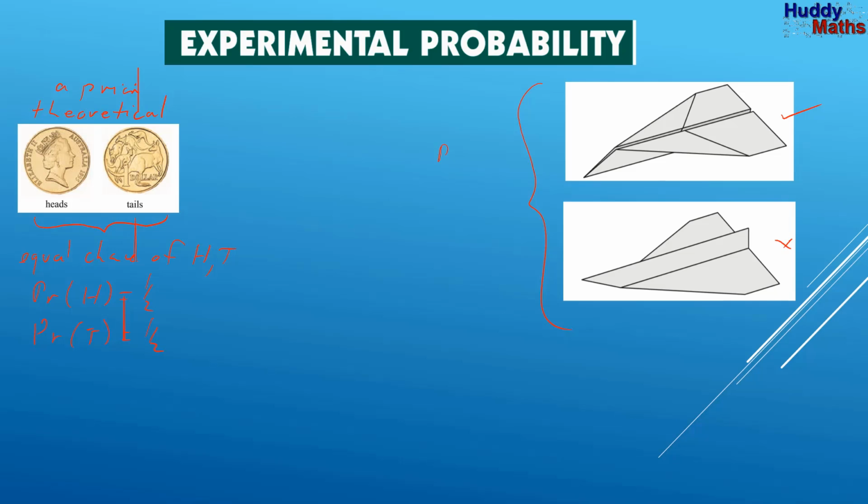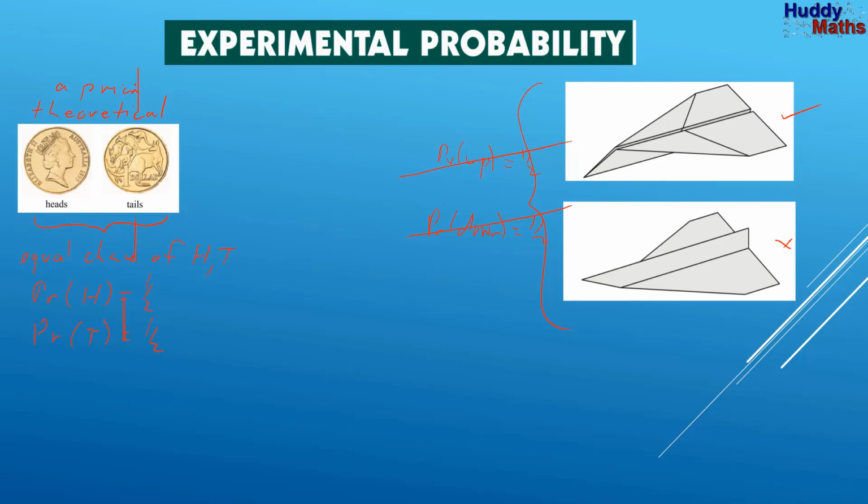Probability of landing upright is a half, and the probability of landing face down is a half? Not really, because we don't know how we've folded those. You can't really tell whether it's going to have equal likelihood of being right way up or right way down.